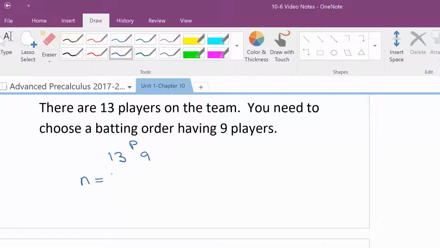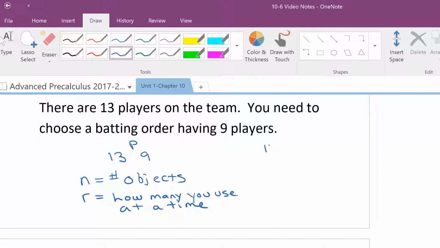So n equals the number of objects, r is basically how many you use at a time. So in this case, you'll do 13 factorial over 13 minus 9 factorial.